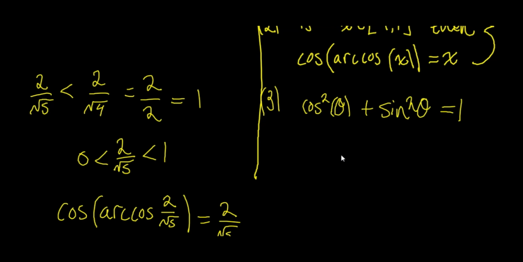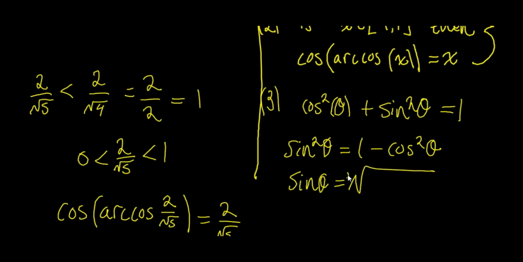And in particular, if we solve for sine of theta, we're going to get sine squared of theta is equal to 1 minus cosine squared of theta. So that means sine of theta is equal to plus or minus the square root of 1 minus cosine squared of theta.